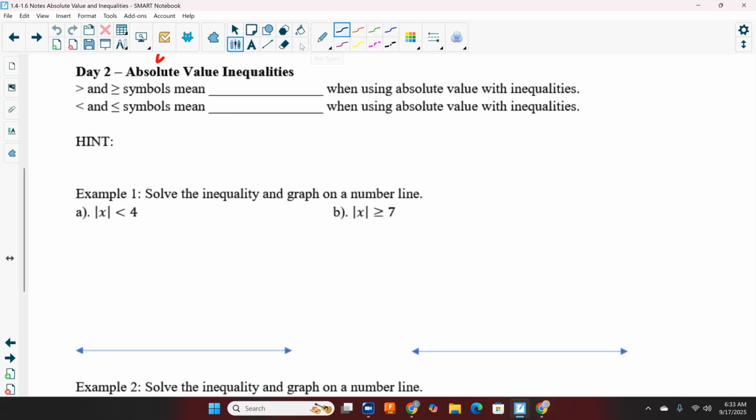We're still doing inequalities. If you have greater than or equal to, that means it's going to be an or absolute value inequality. And less than or equal to is going to be an and.